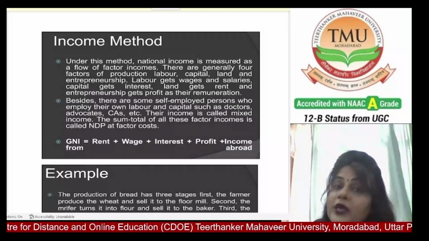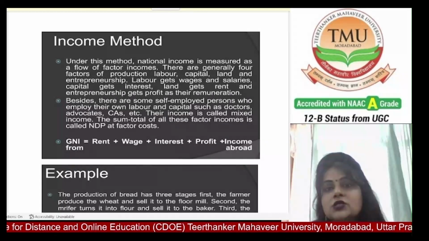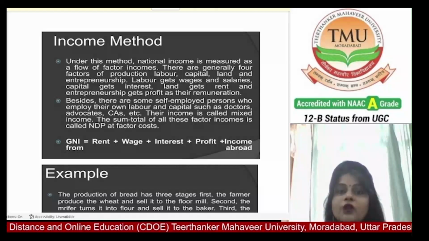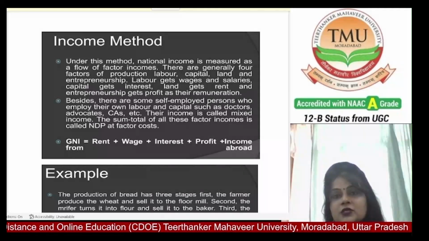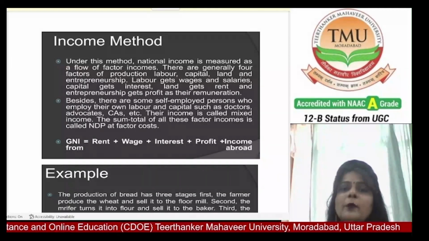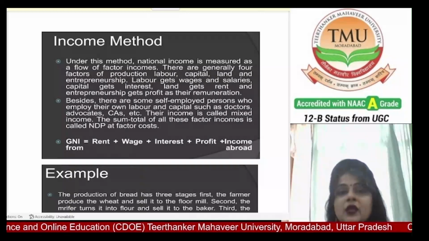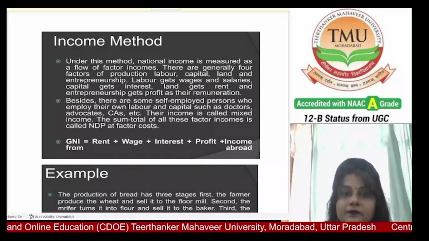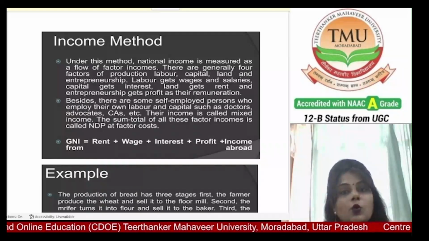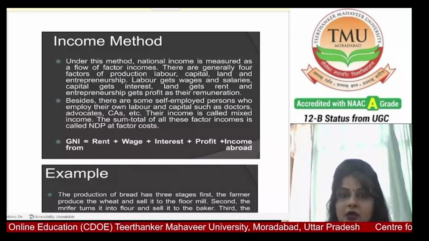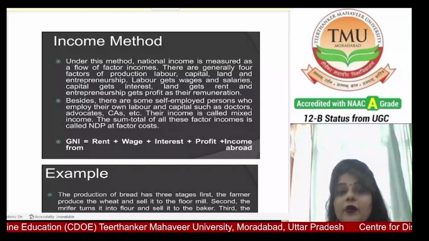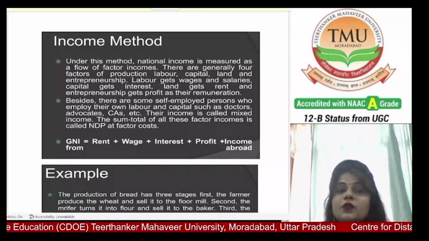The third element is the employer's contribution to social security schemes. It consists of the employer's contributions to employee security, for example, contribution to gratuity, provident fund, labor welfare fund, etc. The main aim of these contributions is to ensure employee security.